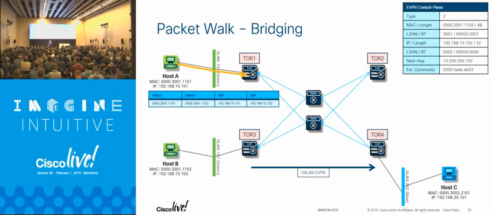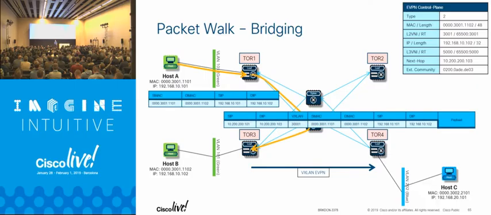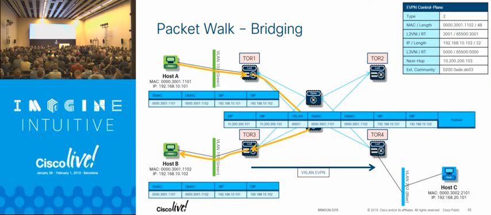Well, the control plane was smart and had already downloaded everything into the hardware table before. It said, I have a hardware entry. I know that this MAC address sits behind ToR number 3, and that's the next hop IP address, so let's encapsulate. So I take this information, create the VXLAN encapsulation, and send that over my leaf-spine network. Now you see what has been added is SIP and DIP, source IP and destination IP, so from ToR 1 to ToR 3.